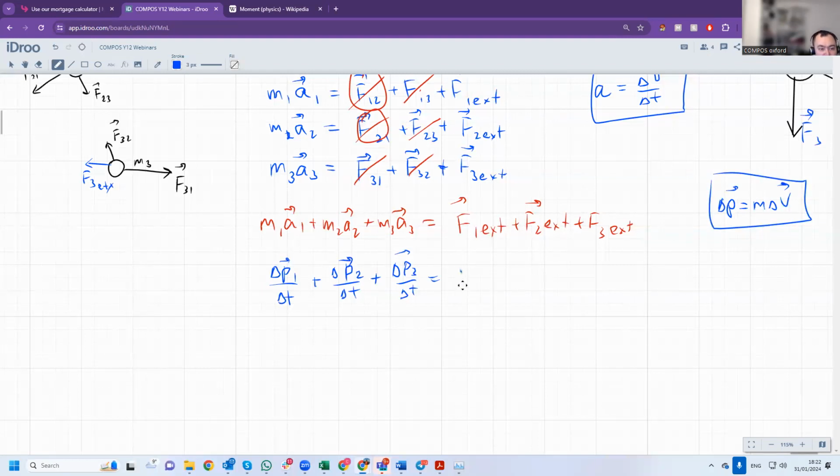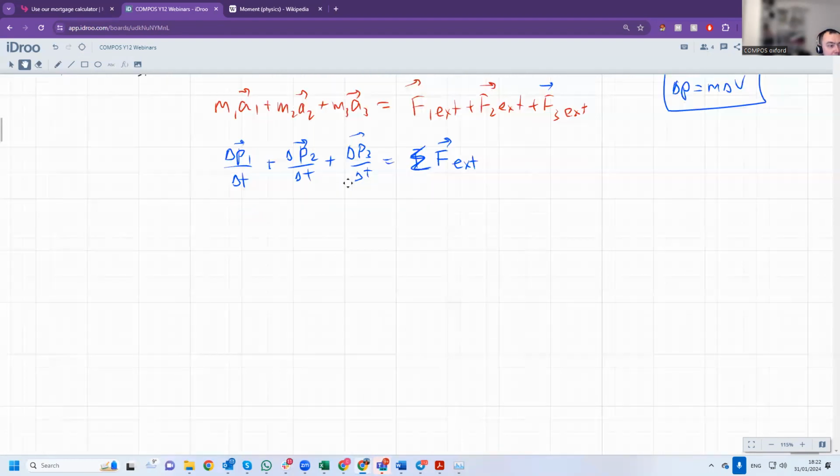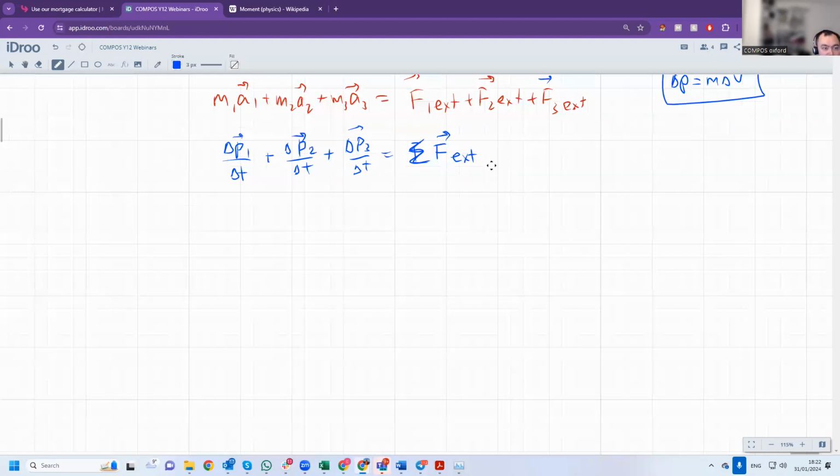And we have the sum of external forces. I'm going to simplify it to the sum of external forces. And now we multiply everything by delta t.